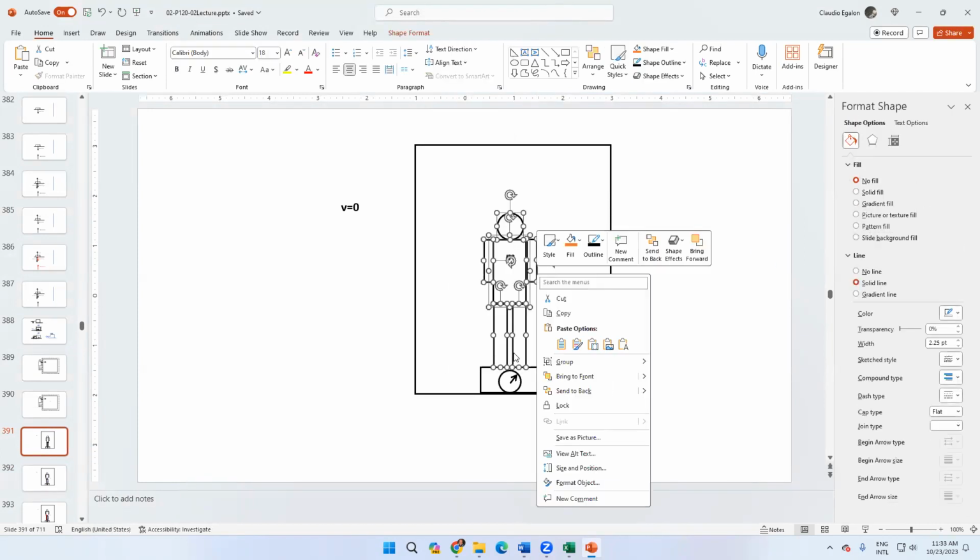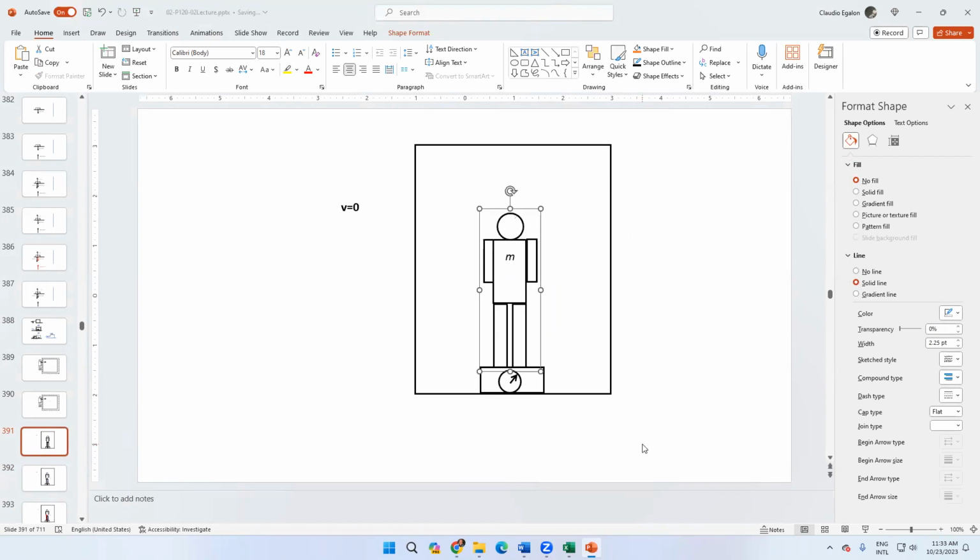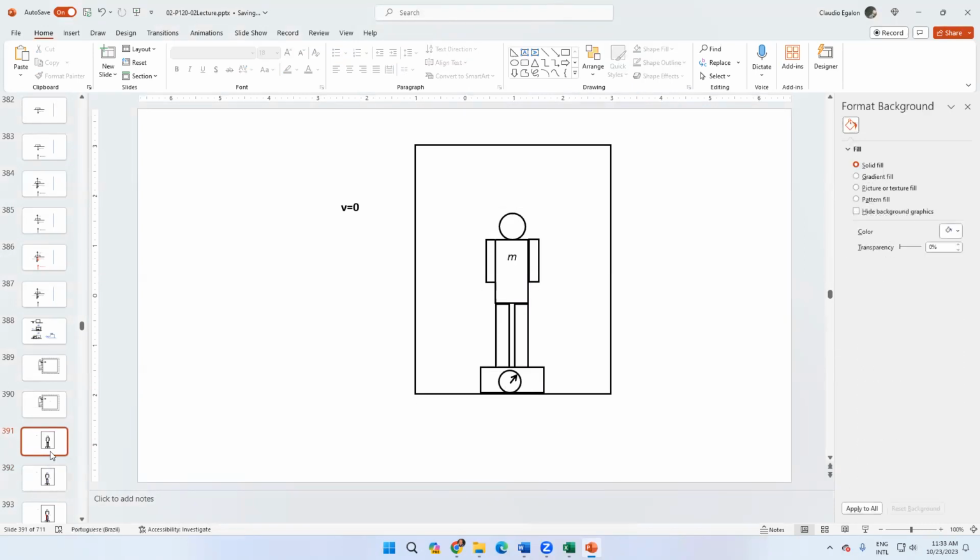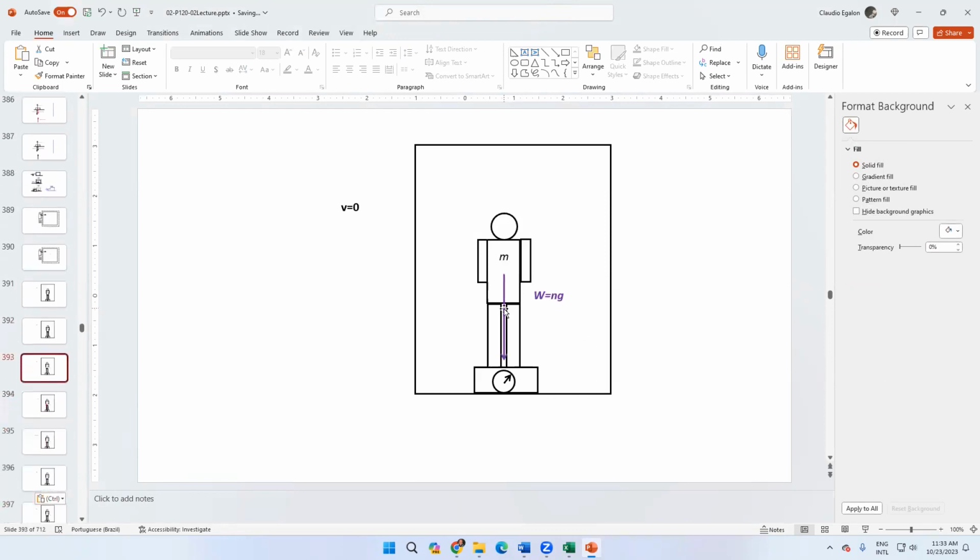I would love to have everything centered here, right?